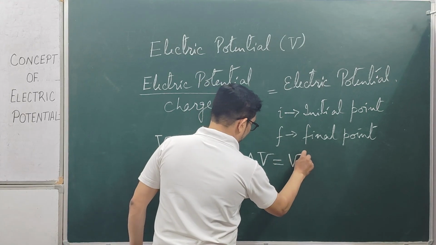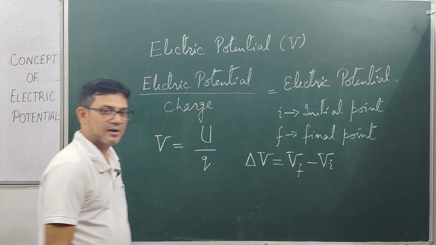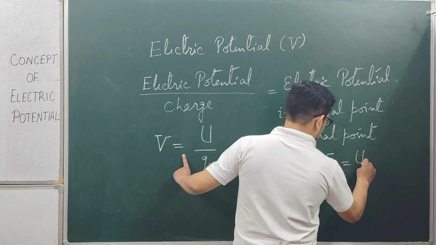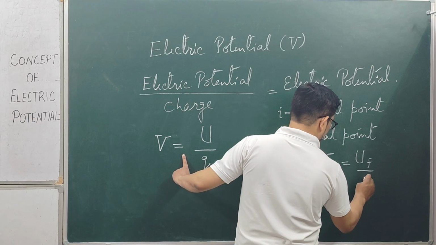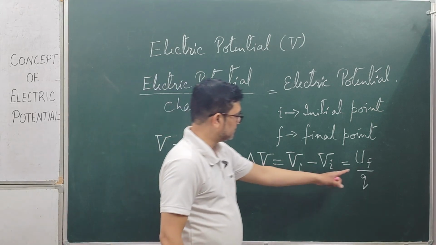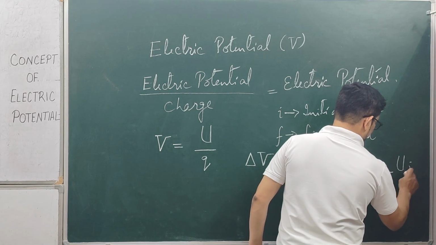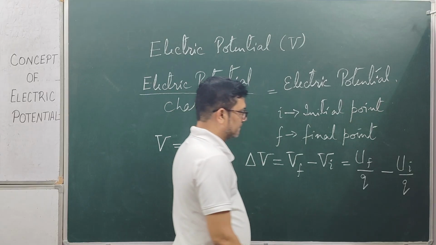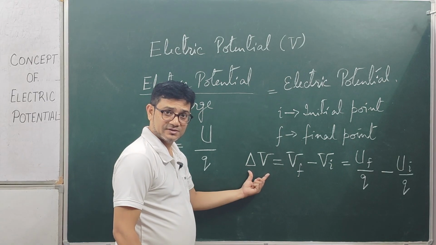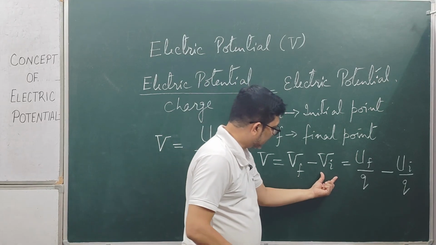This difference would be equal to Vf minus Vi. With this definition, this comes out to be the potential energy per unit charge when you have this Q charge at the final position, minus the potential energy per unit charge that was there initially. So the electric potential difference between 2 points, initial and final, is the final potential minus the initial potential.